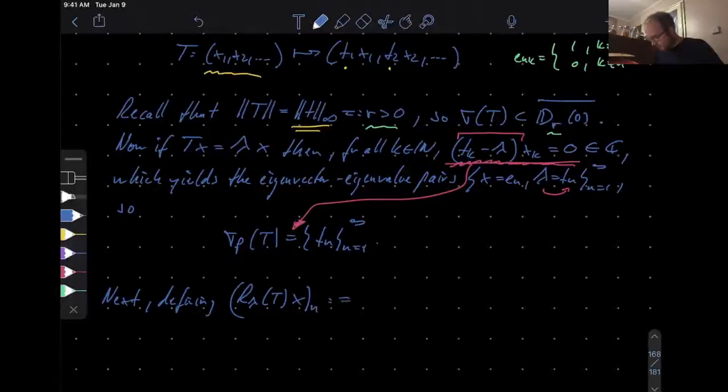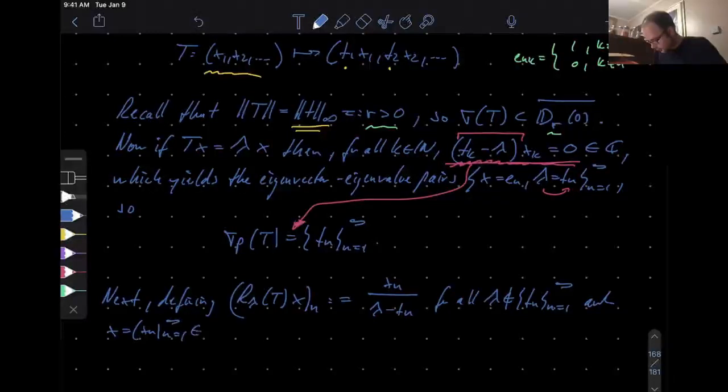So I claim that the resolvent R_lambda(T) acting on x, this will be a sequence, and then I will write out what the nth entry of that sequence is. I claim it is the following thing: x_n over lambda minus t_n for all lambda. Well, I shouldn't be dividing by 0, so I have to stay away from the t_n's, right? And x is an arbitrary element in l^2.